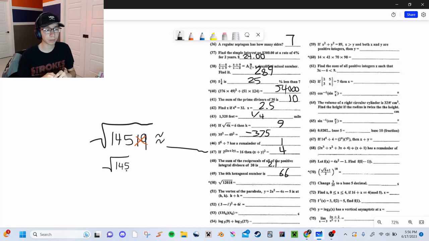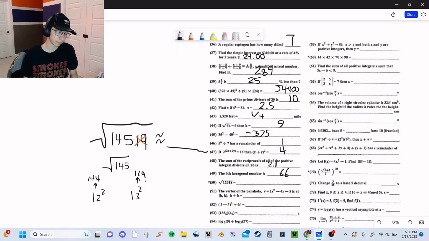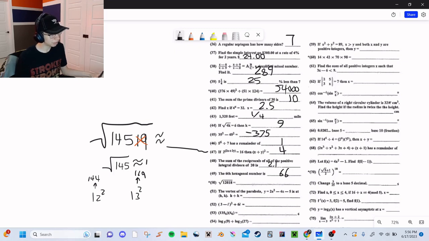If you've got your squares memorized, you know that's between 12 squared and 13 squared. Those being 144 and 169. Now, which one is it closer to? Let's think about that. I would say it's closer to 12 squared. So this number right here is about 12.